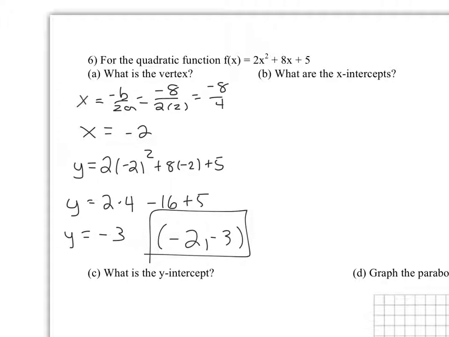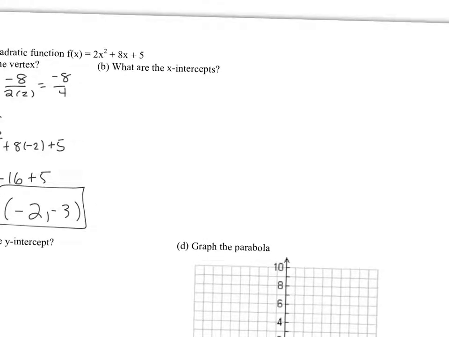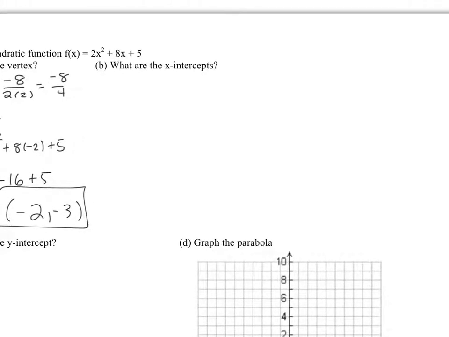For the x-intercepts, we need to handle this a little bit differently. If we could factor this, that would be an option. This one, however, does not factor. So then my other option is to use the quadratic formula.